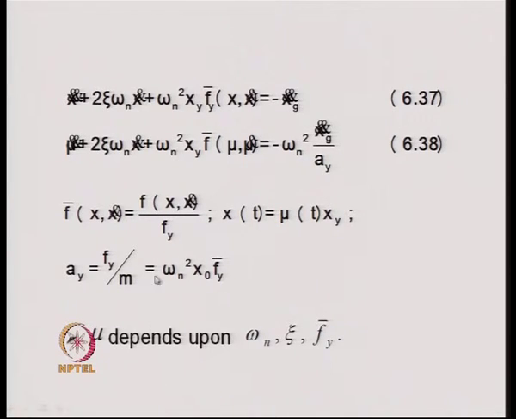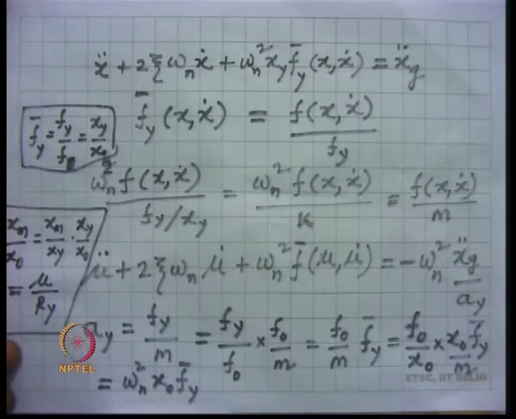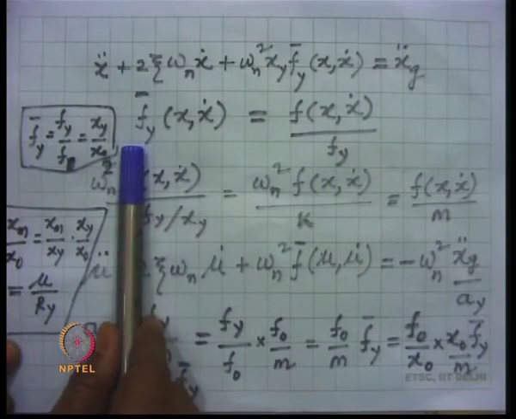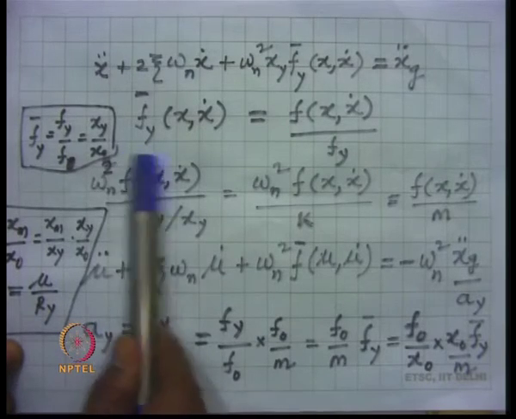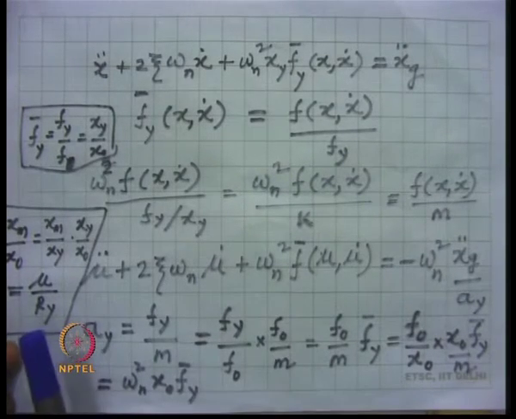Now, f of x comma x dot is the general function. One can show that the thing that is written over here is nothing but f of x comma x dot. That is shown over here with the help of this derivation. If we look at the equation, we are writing it in this particular form, that is, f bar y of x, x dot is written as f of x, x dot divided by fy.